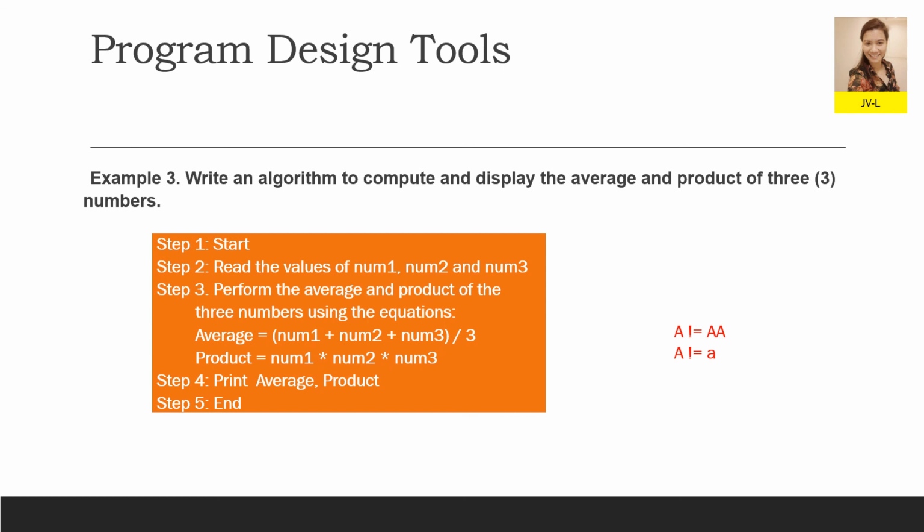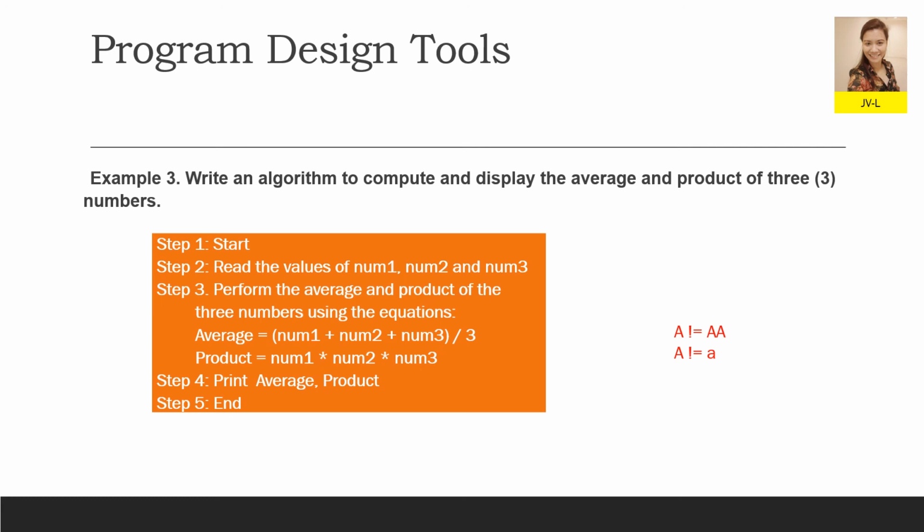In step number 3, perform the average and the product of the 3 numbers using the equations. First, the average, by summing up the 3 variables and dividing it by 3. Then, get the product by multiplying all 3 variables.